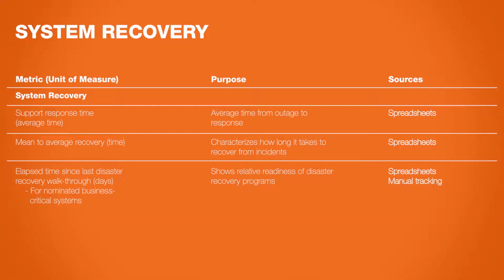System recovery metrics add more texture and depth to availability metrics. They flesh out not the question of how often systems go down, but the level of resilience in an enterprise response to outages. Here, we highlight a few important metrics. The support response time measures how long it takes an organization to recognize a security outage and initiate support activities.